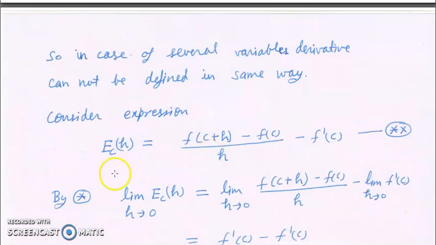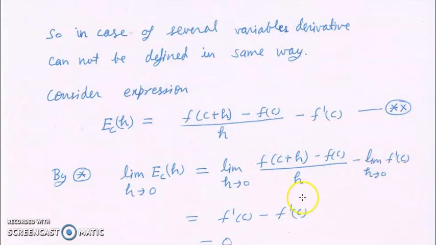Now we take the limit h going towards 0 on both sides. So in place of this limit, h going towards 0, we write, and here also I write limit h going towards 0 of f dash c. Now by star, the definition of f dash c, this whole term will become f dash c if the derivative exists.